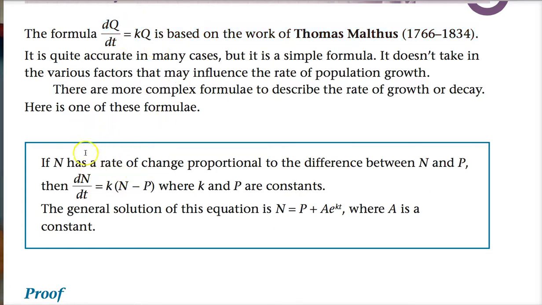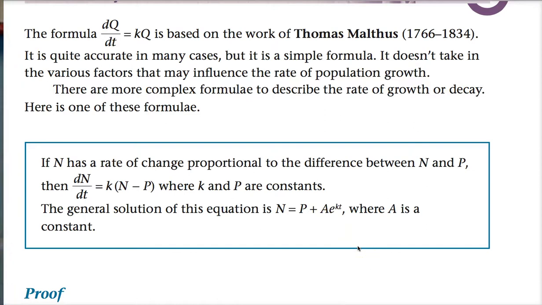In the 3 unit formula, n has a rate of change, so dn/dt is proportional to the difference between n and p, so it's k, the constant, times (n minus p), where k and p are constants. The only difference is the minus p to the 3 unit formula, where k and p are constants, and then the general solution is n equals p plus ae to the kt.